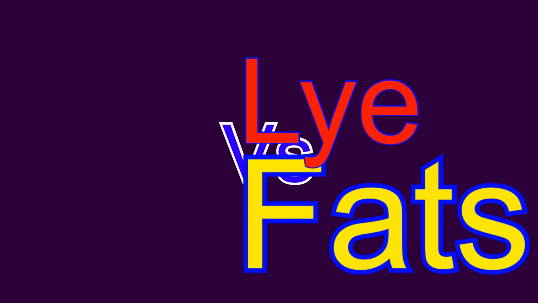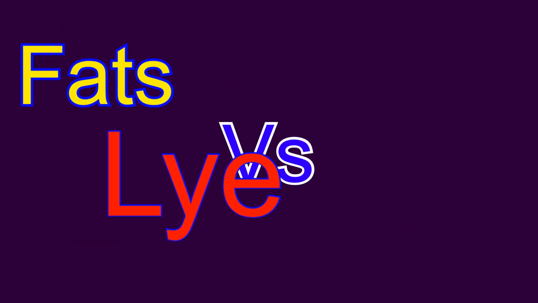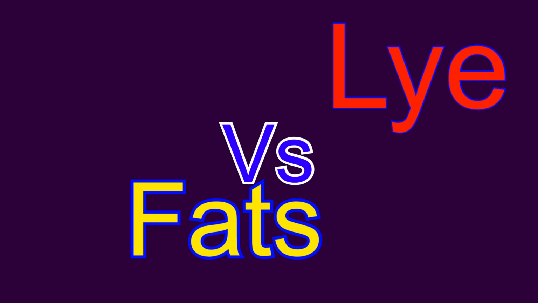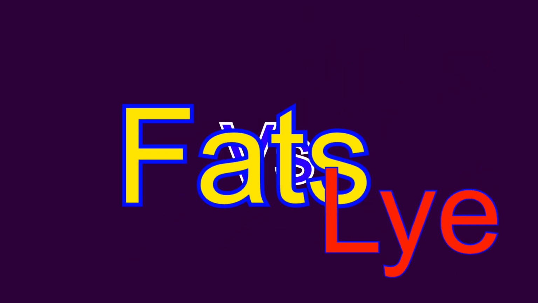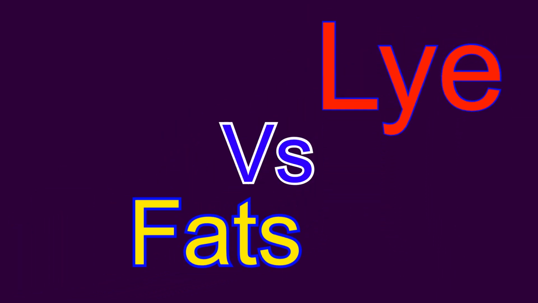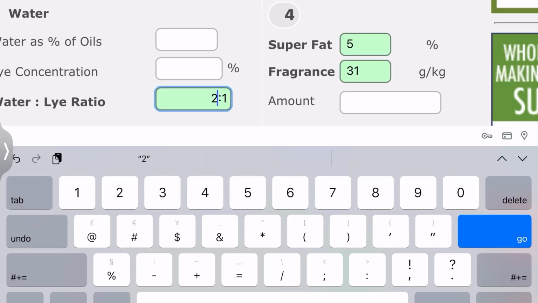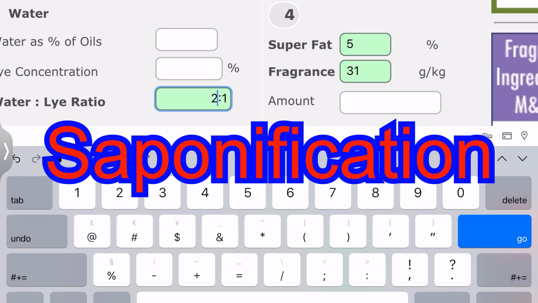But when you mix it with oil or fats, fat is around 6 to 8 pH, acidic, so the two combined together create a chemical reaction, what we call a saponification process.